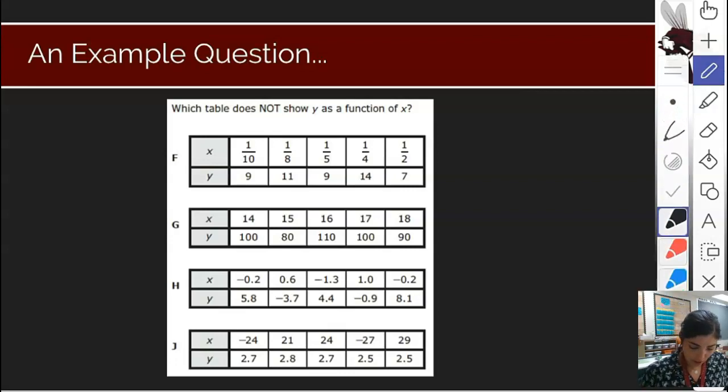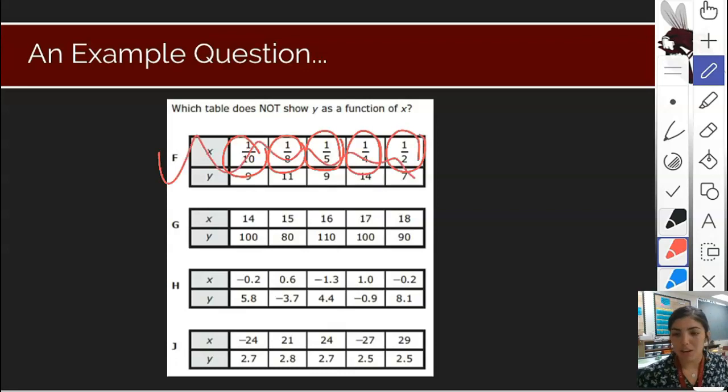So let's look here. We have a unique 1/10, 1/8, 1/5, 1/4, 1/2. Did any of those repeat? No. So this is considered a function, so we don't want to answer that because we're looking for one that's not a function. How about 14, 15, 16, 17, and 18? Did any of those repeat? No. That's also a function.